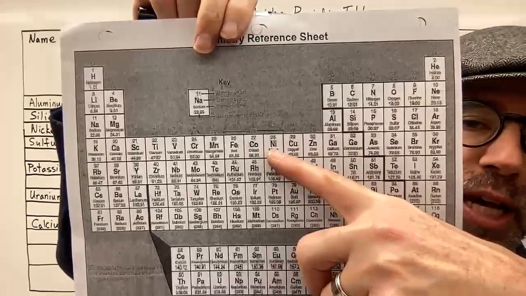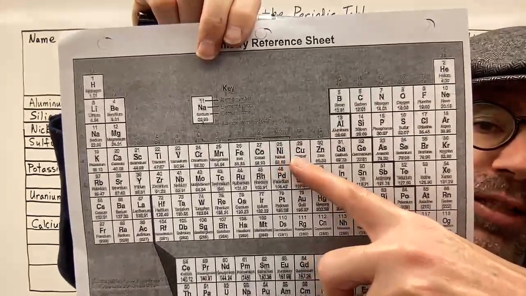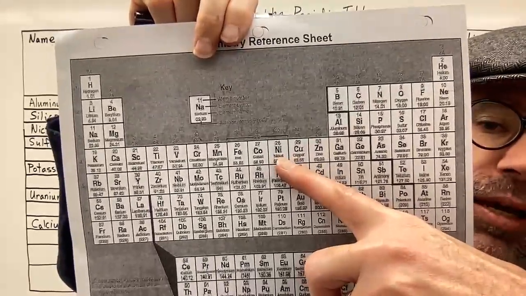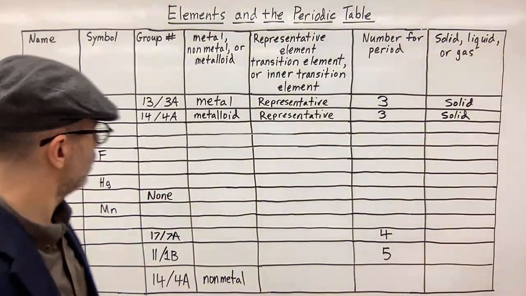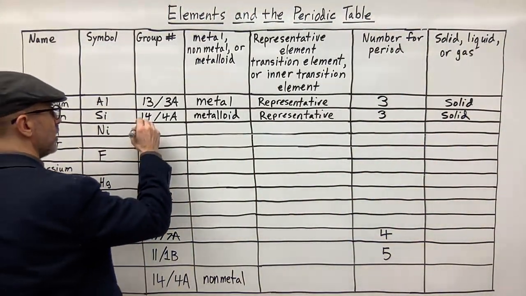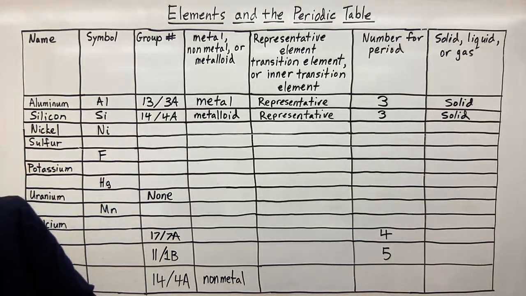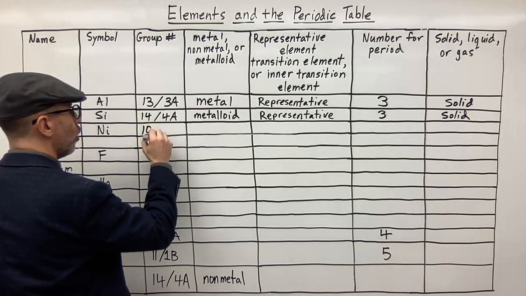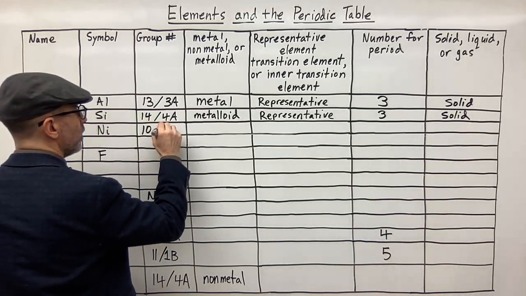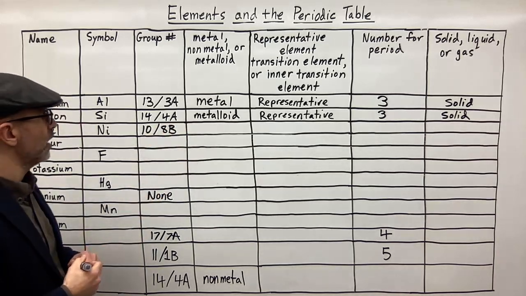So it's in group 10 according to the IUPAC naming, but this is in group 8B according to the old way of naming. So 8B. Let's see. 1, 2, 3, 4, 5, 6, 7, 8, 9, 10. So 10 according to the IUPAC, but 8B according to the old way of naming.